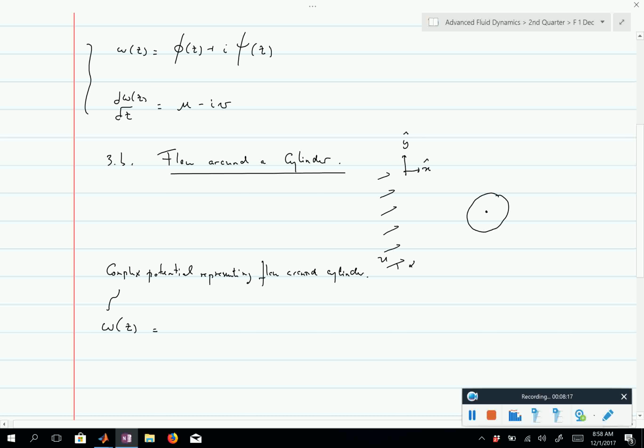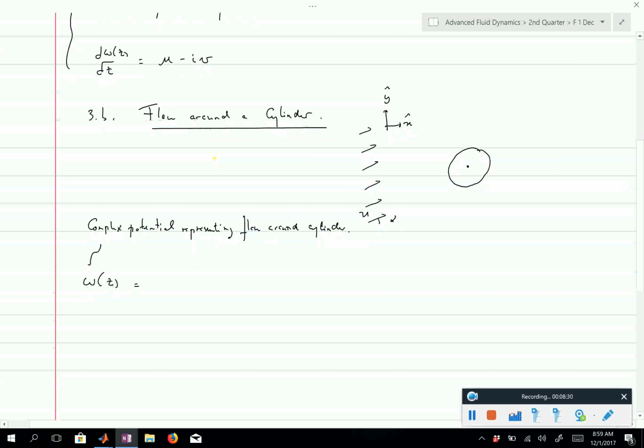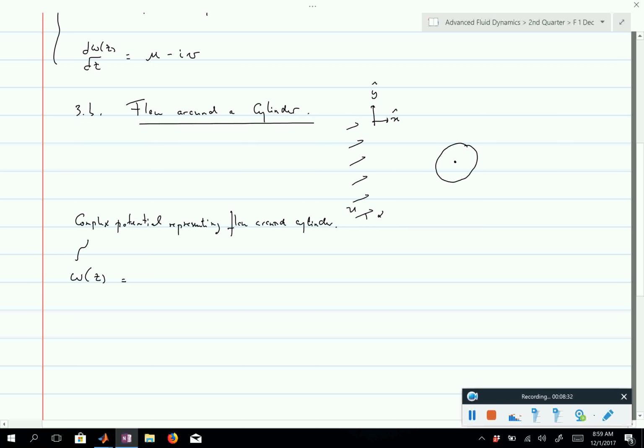Now remember, we discussed the equivalence. For the uniform flow, the potential is just a complex number times z, and that complex number represents the uniform flow. We discussed it last time already. For potential flows, when r goes to infinity, we already know that.